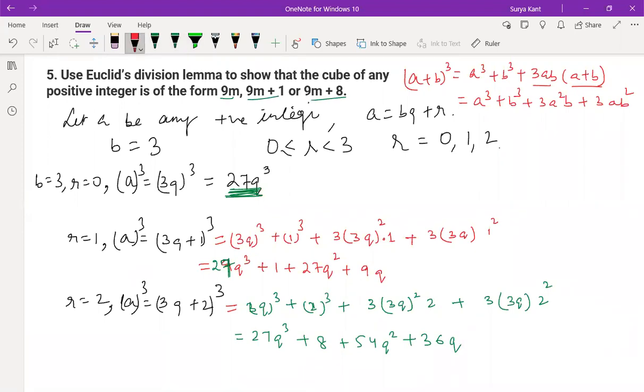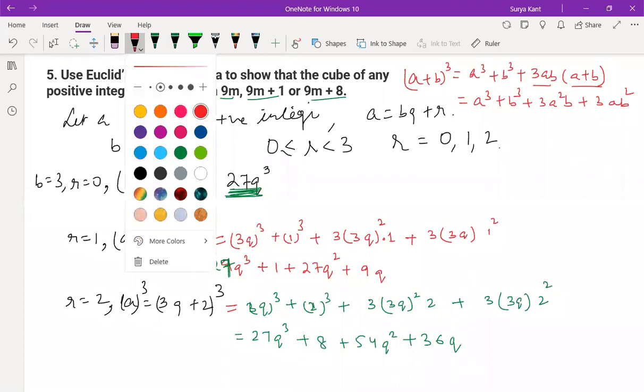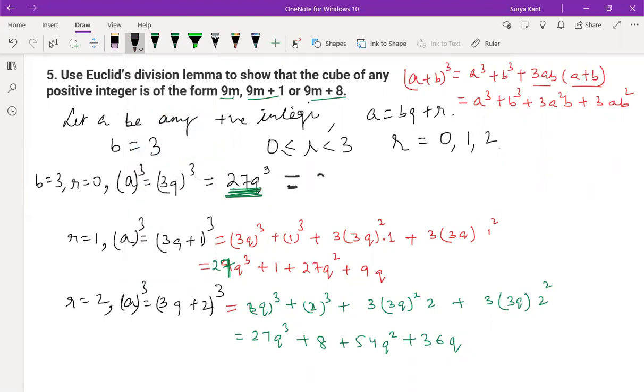Now what we can write, just try to do this here. So here we can write it as 9, we should bring 9, you write here. Then we can write 9 3s are 27q to the power 3. Again we should bring 9m plus 1.